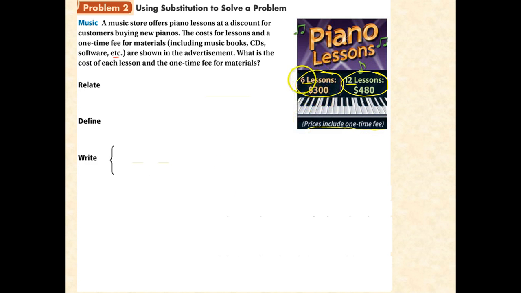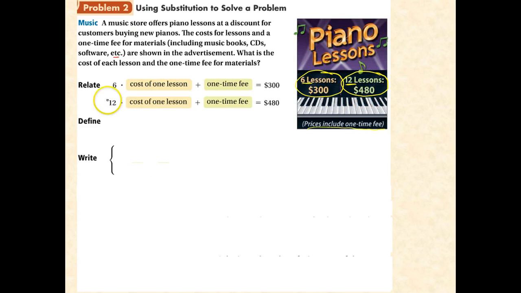For 6 lessons, 6 times the cost of one lesson plus the one-time fee is $300. For 12 lessons, 12 times the cost of one lesson plus the one-time fee is $480.